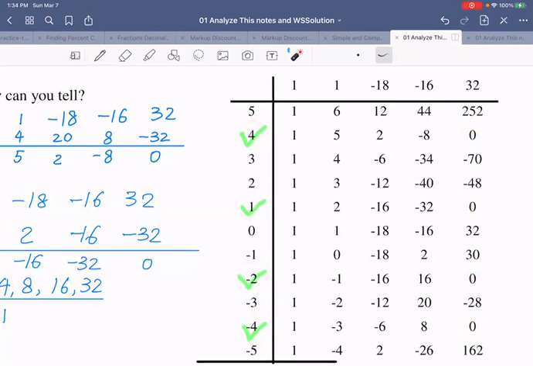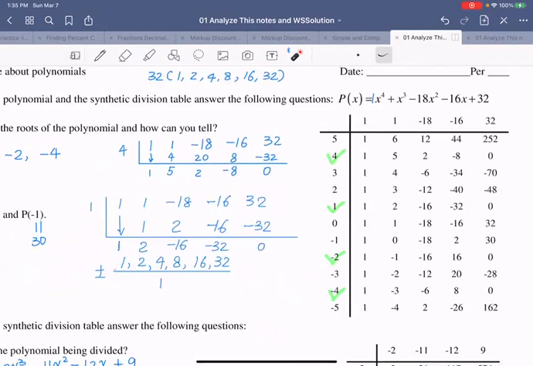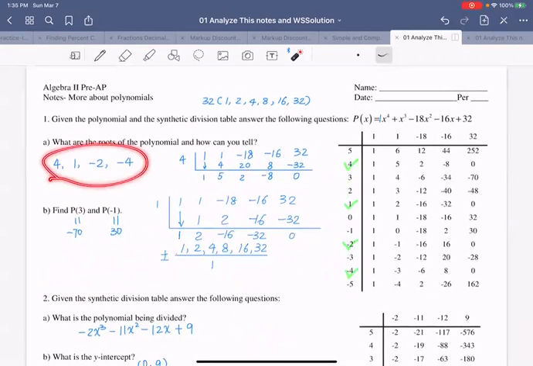Yeah, right, so those are the roots. You can do your own synthetic division, try putting 4 here, and you can verify. How can you tell? It is because the last number is 0. That means those are the roots.